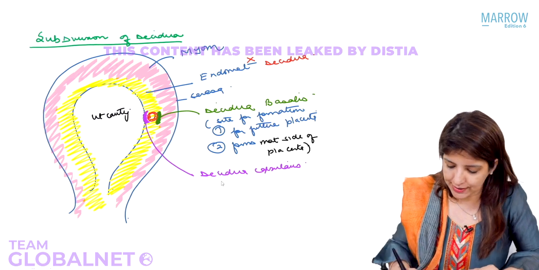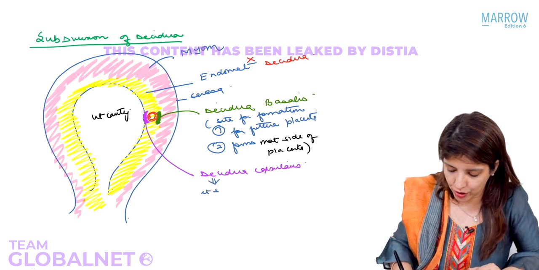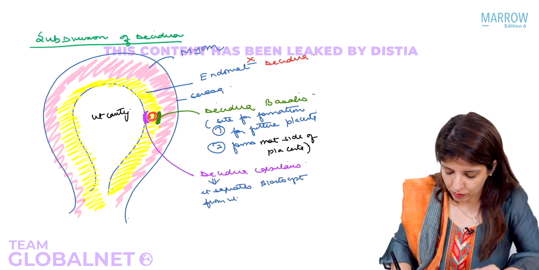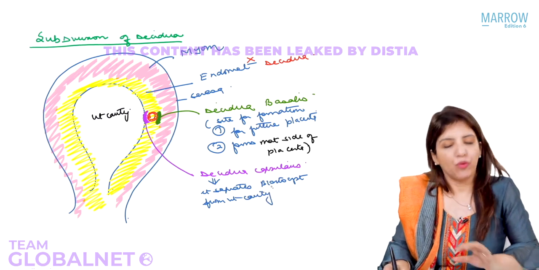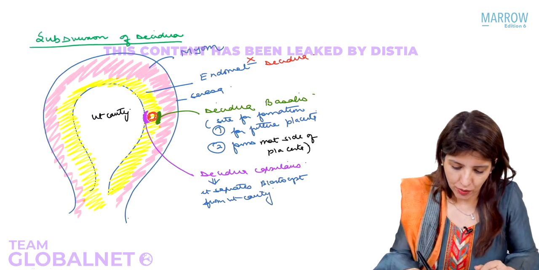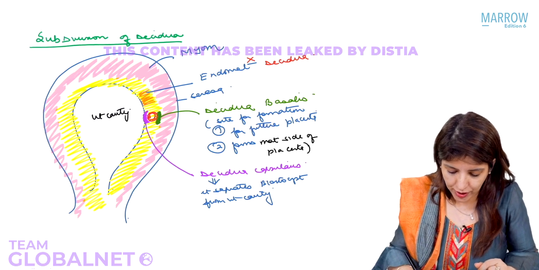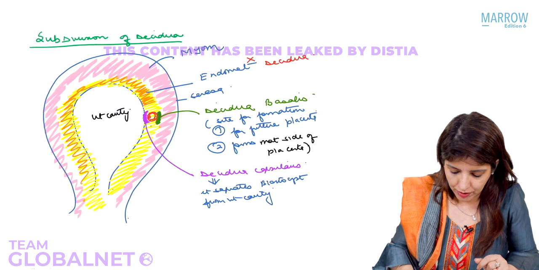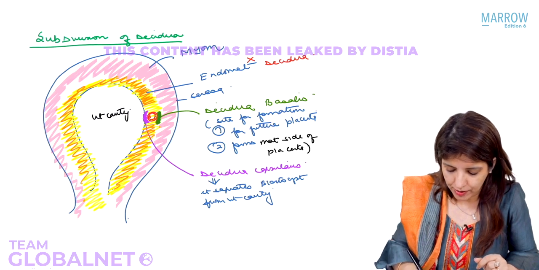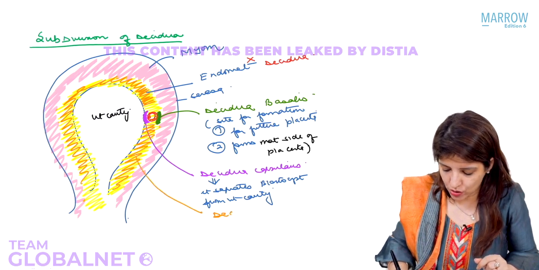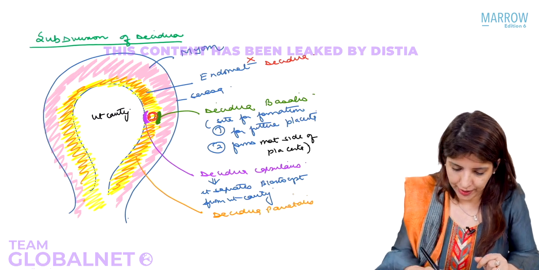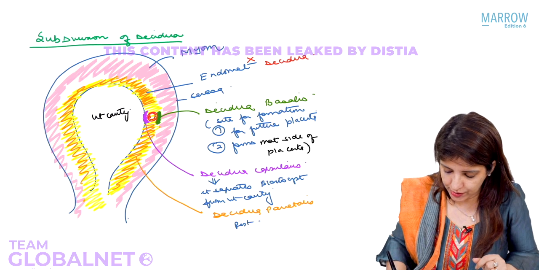So how do you recognize decidua capsularis? It separates the blastocyst from the uterine cavity, right? Now, the rest of the surrounding decidua, which I have now marked orange in color, is called the decidua parietalis, right? So it is the rest of the decidua.